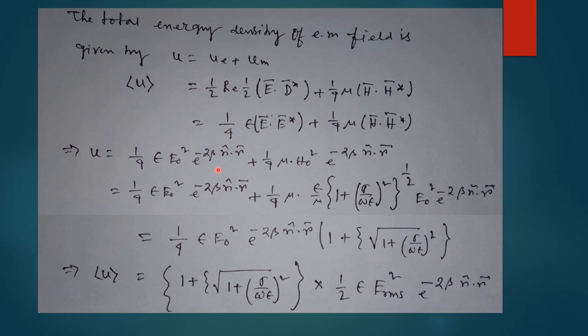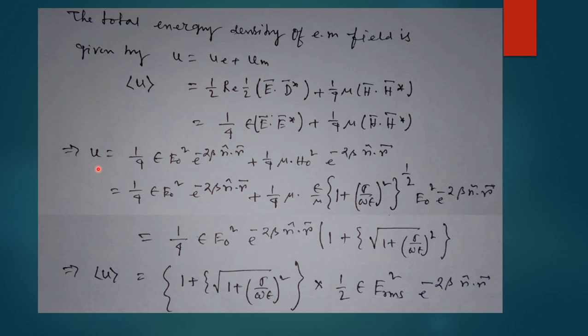Now find the total energy density of the electromagnetic field, which is given as U is equal to UE plus UM. The time average of total electromagnetic energy density is equal to half real part of, half into E dot D star plus 1/4 into mu into H dot H star. That is equal to 1/4, D star is equal to epsilon E star, that is epsilon into E dot E star, plus 1/4 mu into H dot H star.